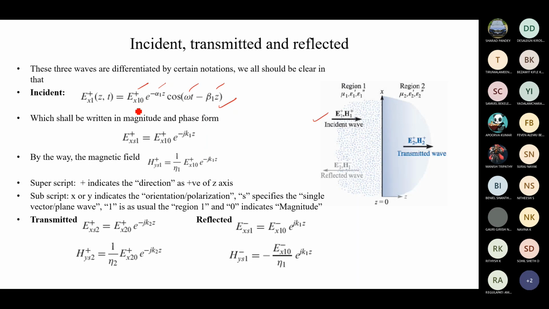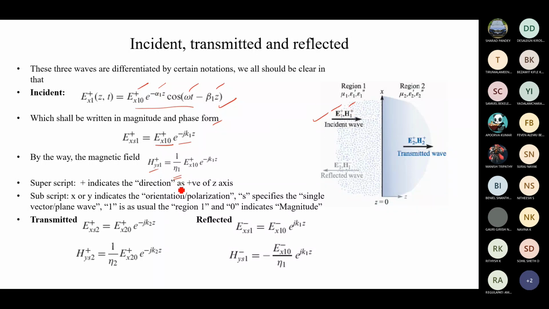For simplicity, we write this entire term in phasor form, which is described with the magnitude and the phase term. The same thing we can do for the magnetic field. The only difference between the electric and magnetic field is this eta, so the denominator eta comes here. Otherwise, all the terms are the same. To describe region 1, we have eta 1. So by this, we have defined the electric and magnetic field for the incident wave.